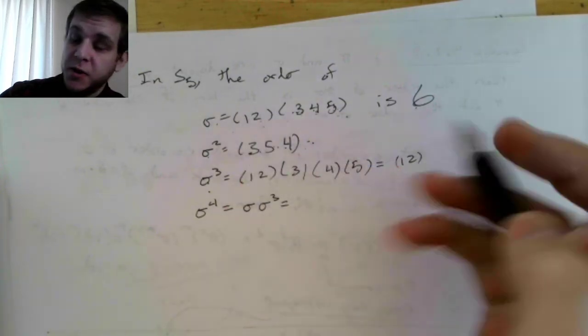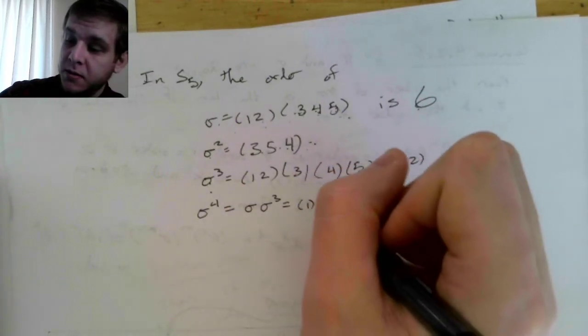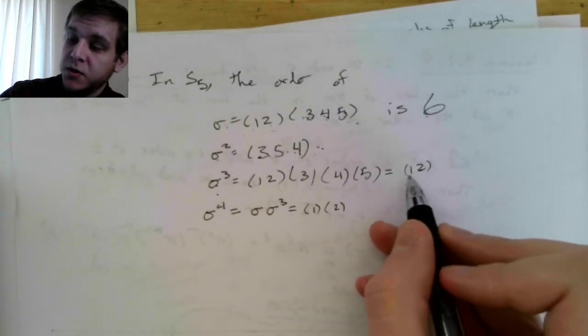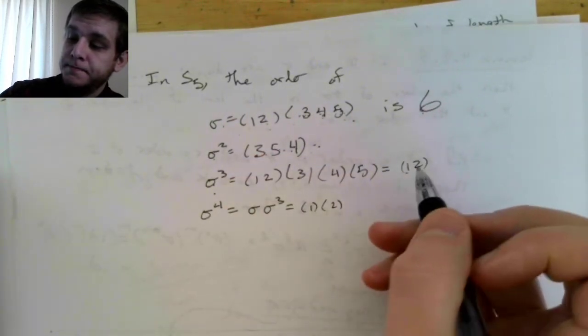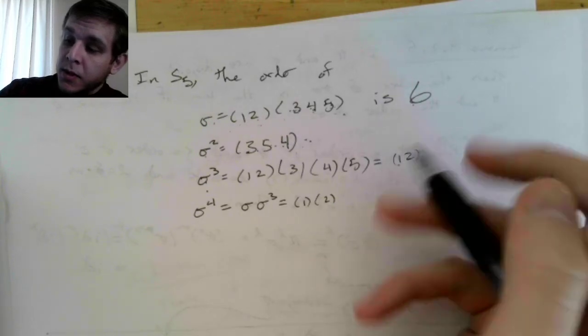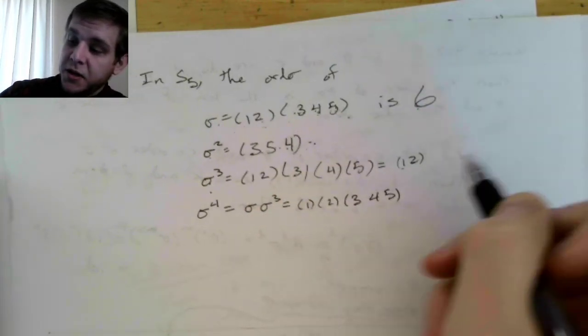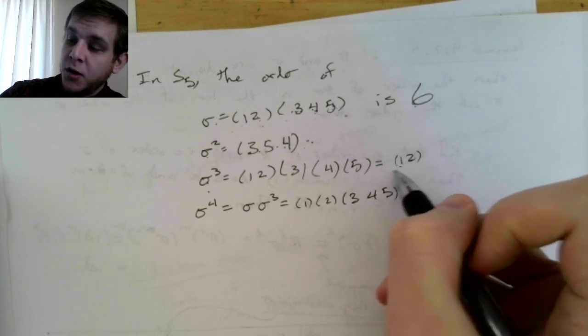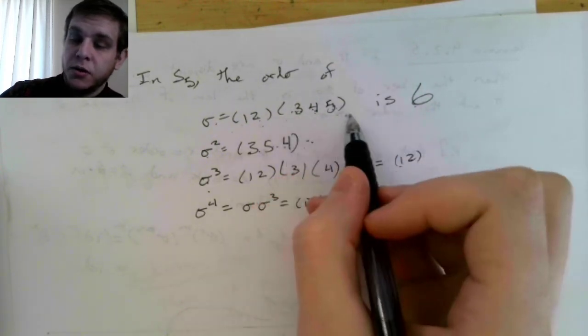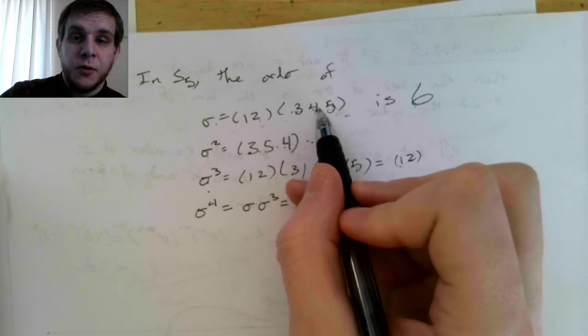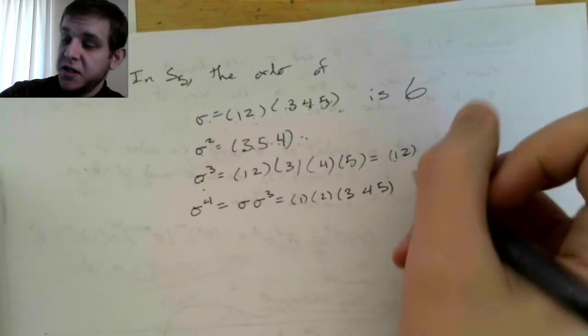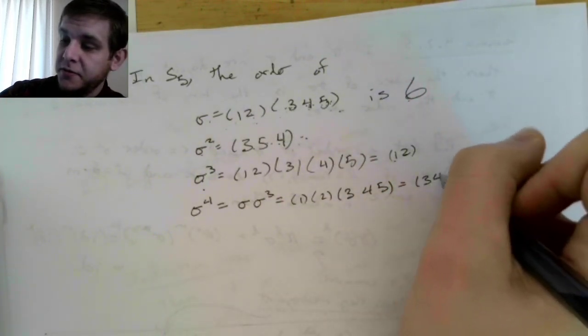And then I plug it into sigma, it goes back to 1. So 1 is fixed. Similarly, 2 is fixed. And then 3, 4, 5 is going to do its thing under sigma, because 3, 4, and 5 are all fixed by sigma cubed. So when I plug it into sigma, 3 goes to 4, 4 goes to 5, 5 goes to 3. So I just get (3 4 5).